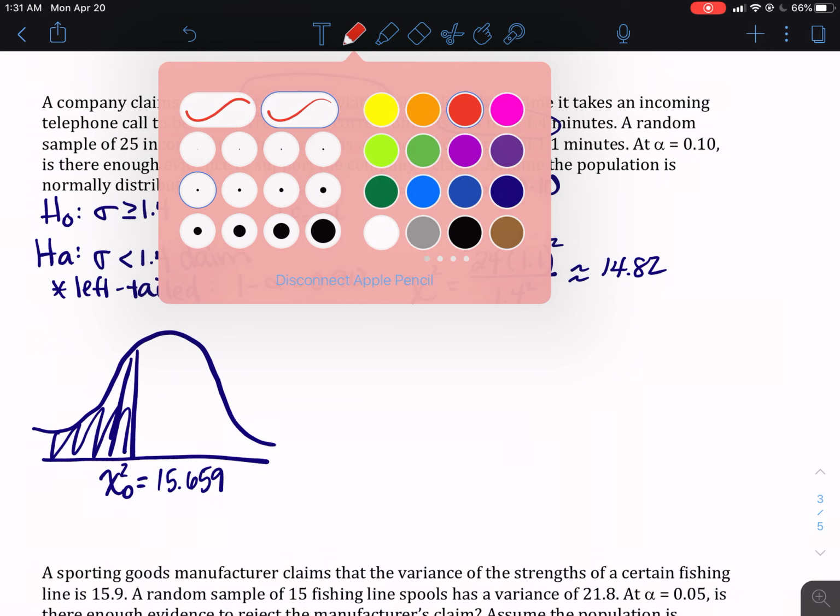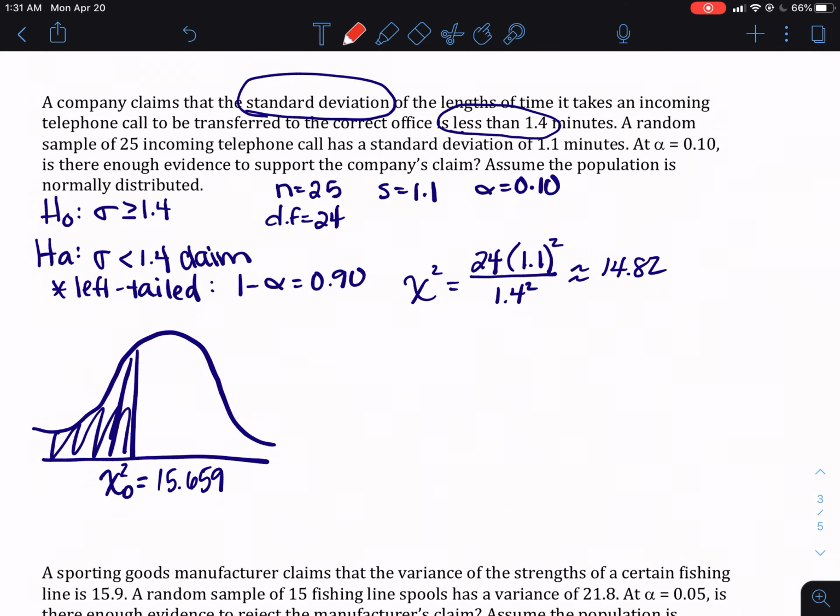Okay, so looking at our graph and our rejection region, 14.82 falls to the left of 15.659, which means we're going to reject our null hypothesis.